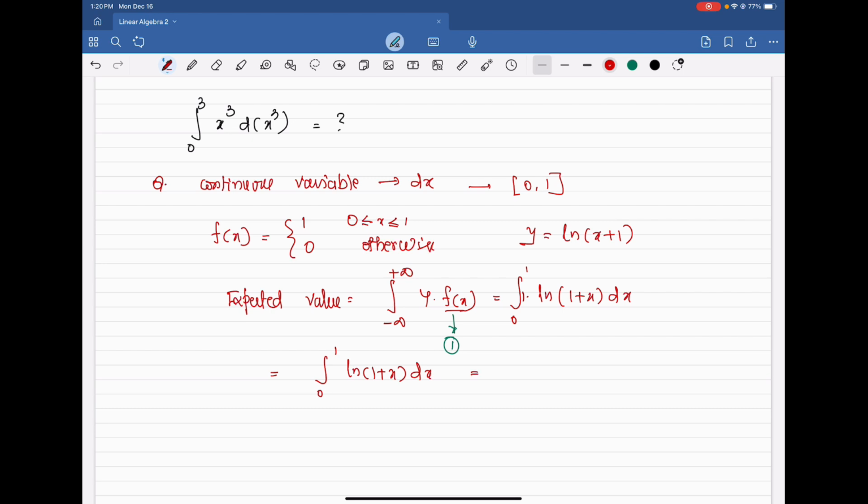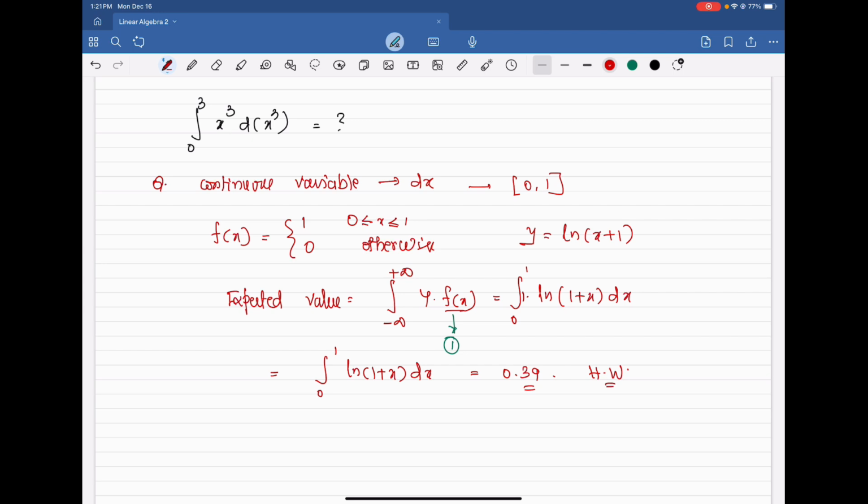That is equal to, substitute the values and find ln(1 plus x), and you get the value as 0.39. Do the remaining steps as homework. A question can be given with a continuous variable defined between 0 to 1, closed interval, and the step function is given, and otherwise it is 0.